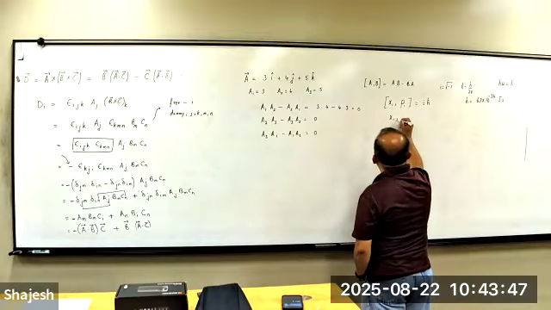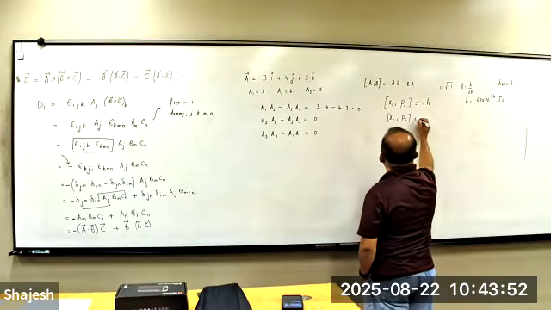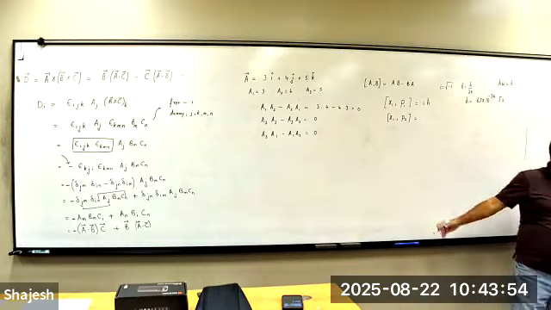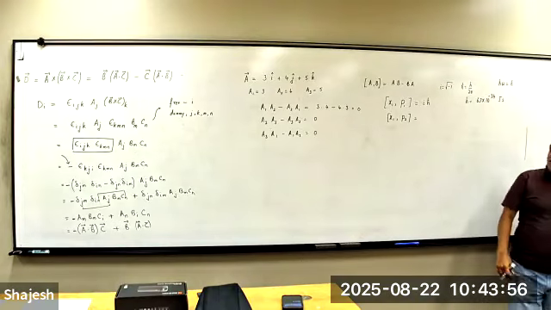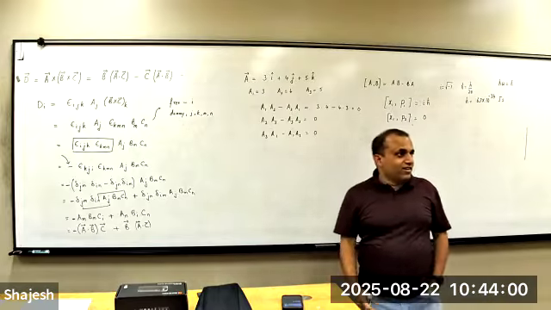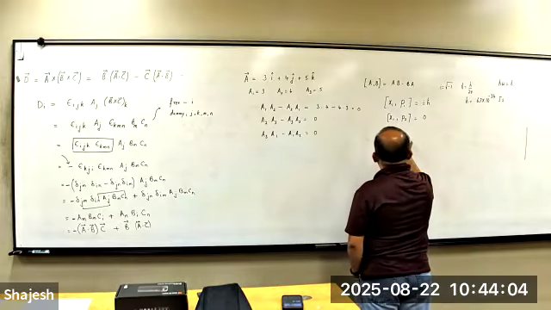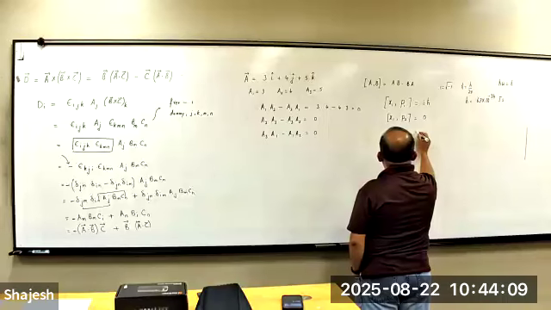What about [x1, p2]? How much is that equal to? h bar delta 1 2. Delta 1 2, that's 0, right? So it's 0. So in general, if I were to say [xi, pj], how much is that equal to?